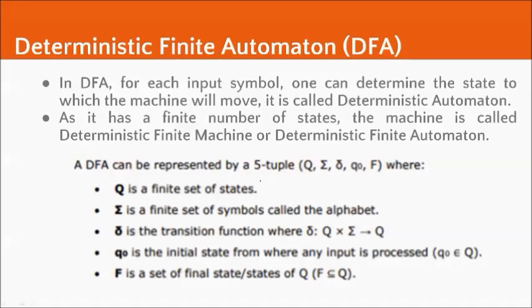The DFA is also presented by the 5-tuple notation, again in order: states, alphabet, transition function, initial state, and the final state.